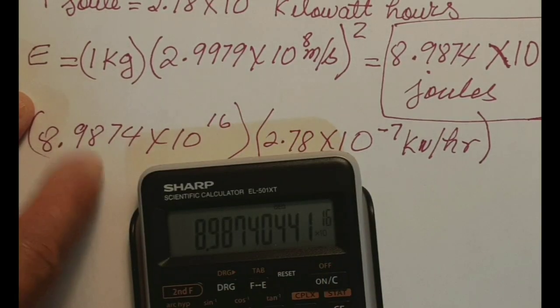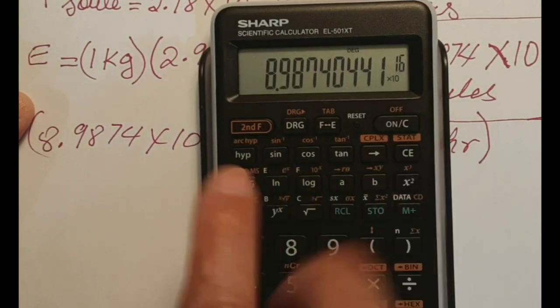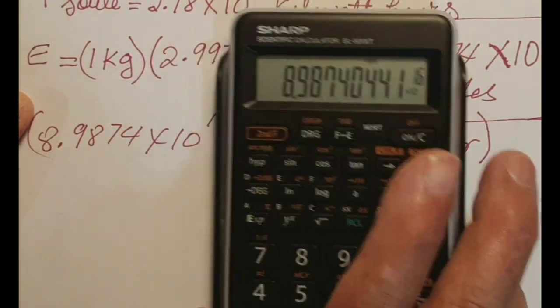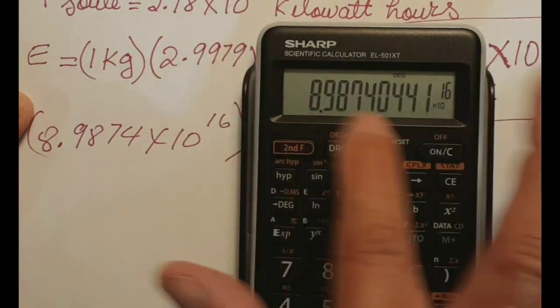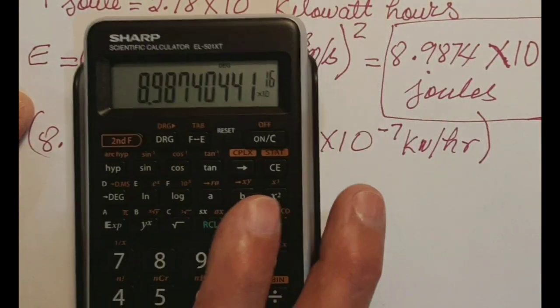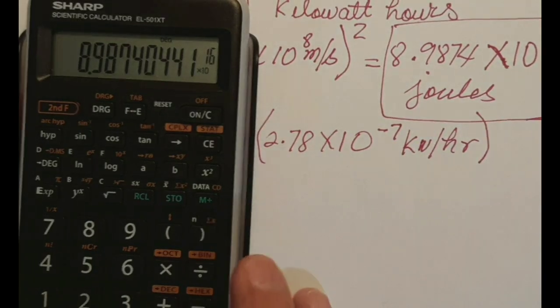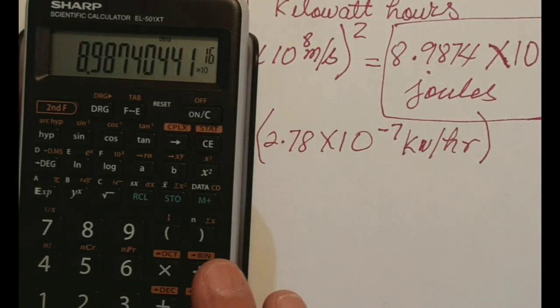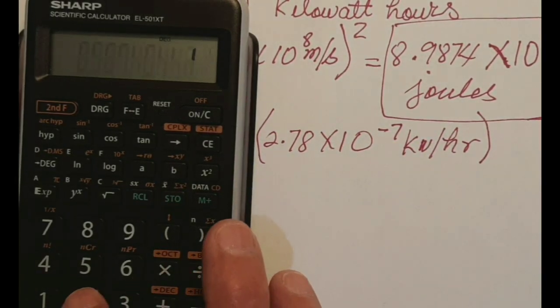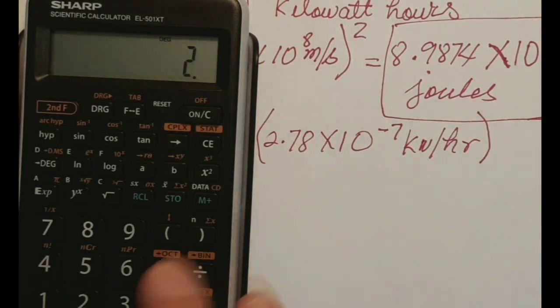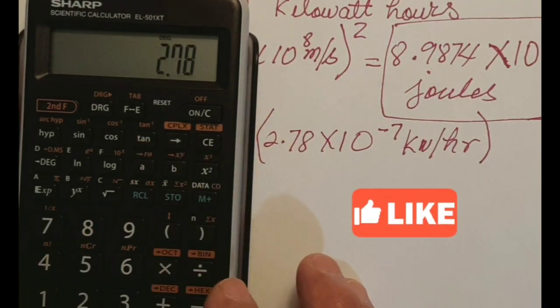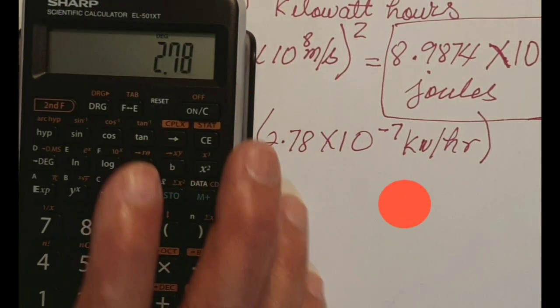Anyway, let's go ahead and multiply this by this. We already have this in the calculator. So we have to multiply by 2.78 exponent again.